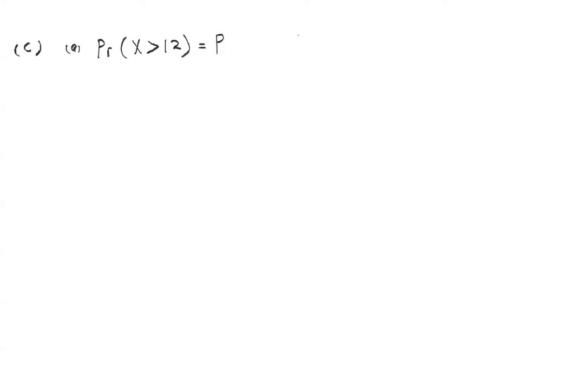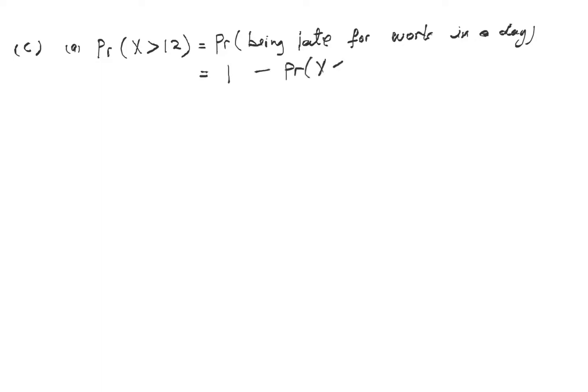This is the probability of being late for work in a day. So can you give me the answer? This will be 1 minus probability of X less than or equal to 12.